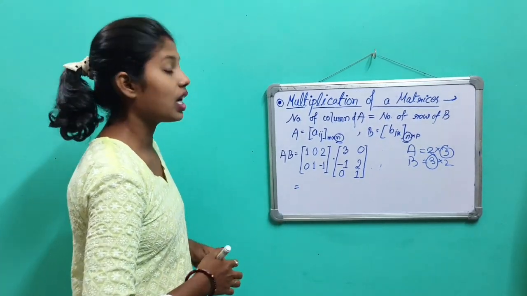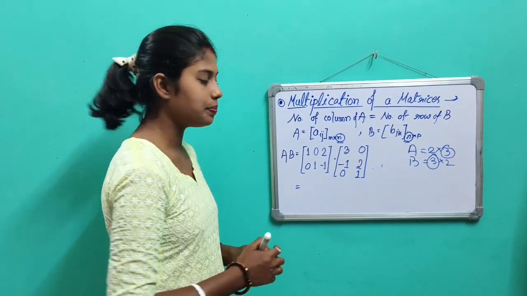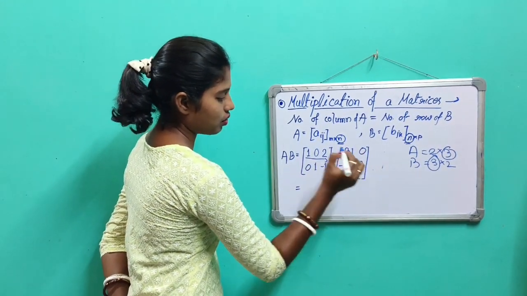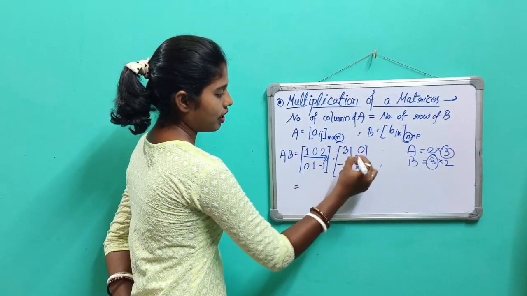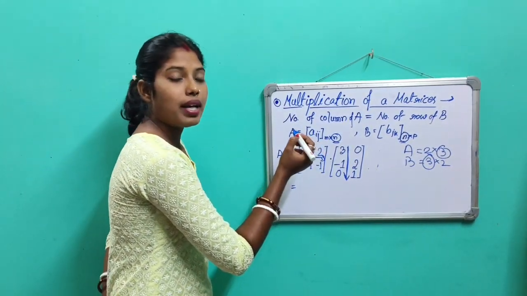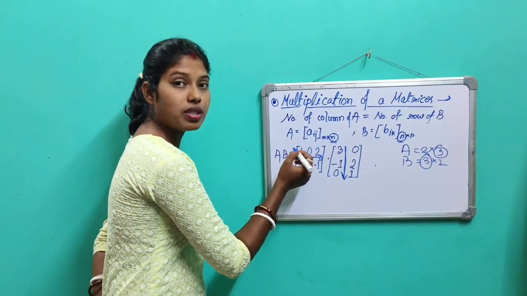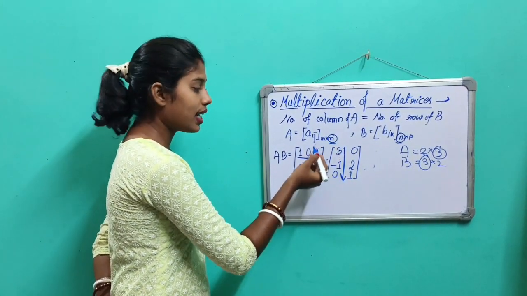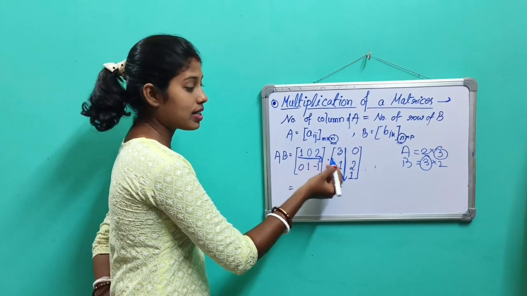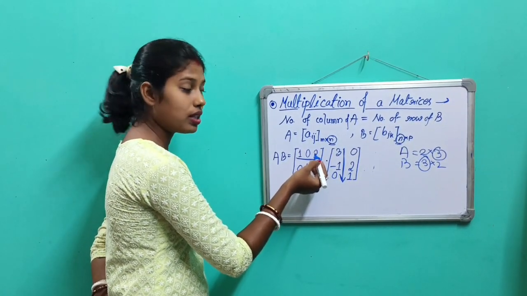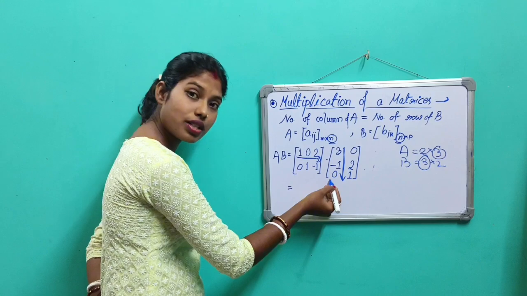So we can clearly multiply these two, right? Let's multiply. How do we multiply that? This and this. See this carefully. We will multiply the first element of this row with the first element of this column, second element of the row with the second element of the column, third element of the first matrix with the third element of the second matrix.